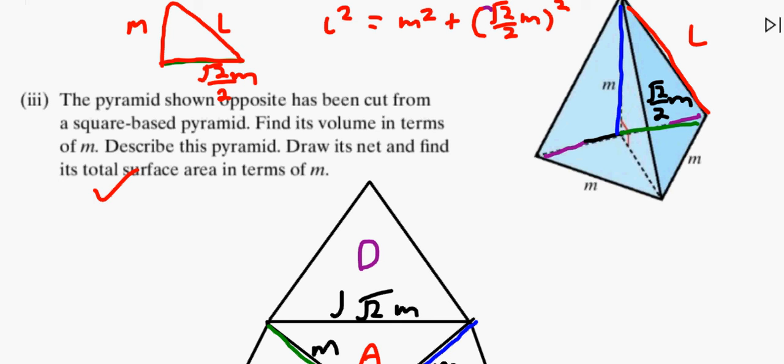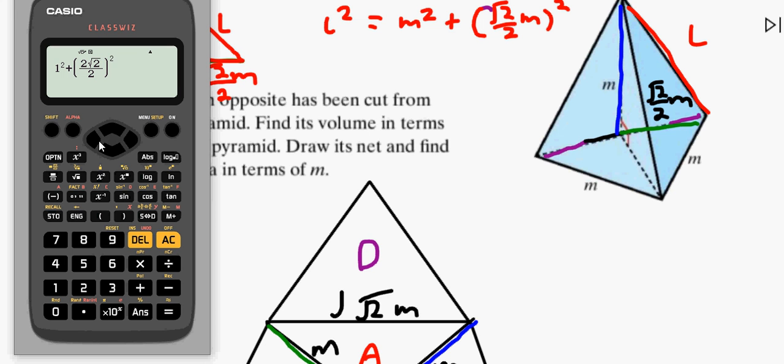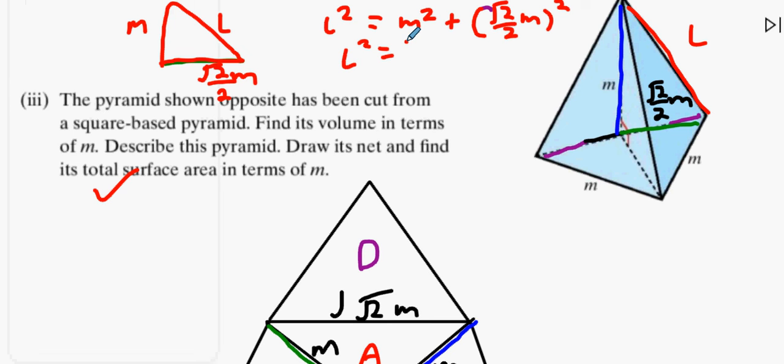Alright, just going to lock this in. Just get rid of the 2 there. 3 over 2. So L squared equals 3 over 2 m squared. So L equals root 3 over 2 m. Happy days. We have that now, don't we?